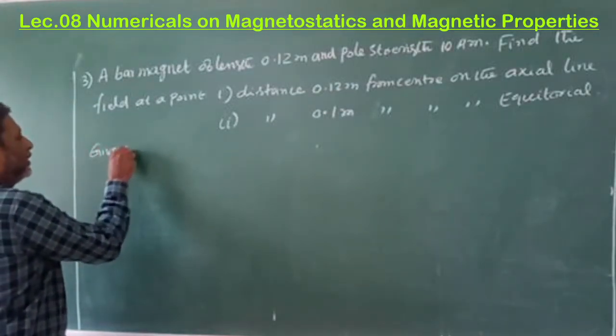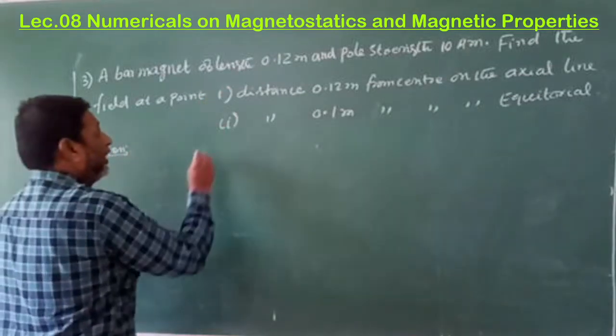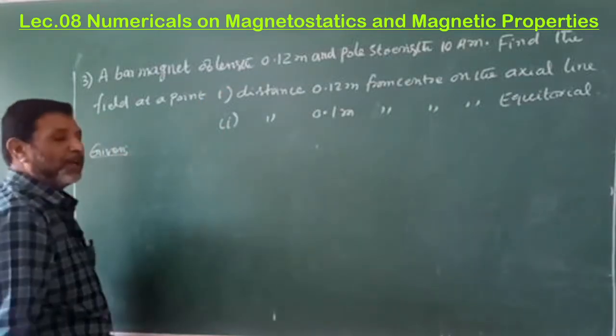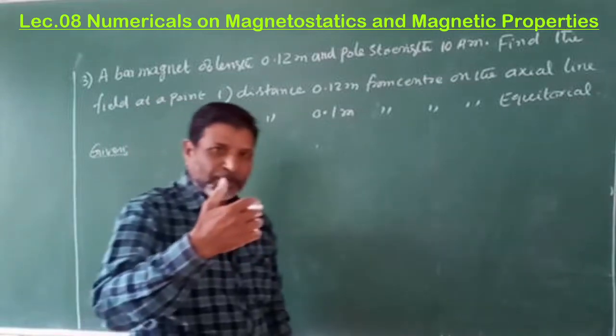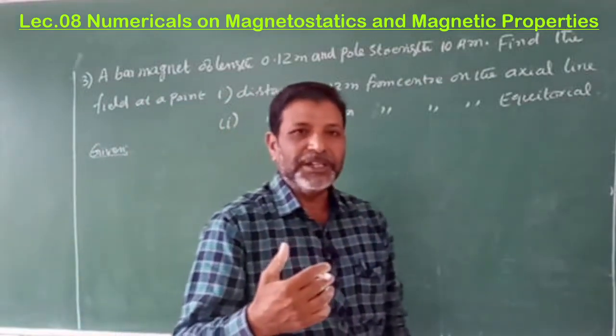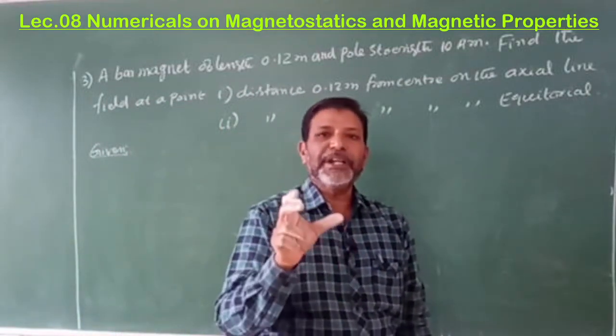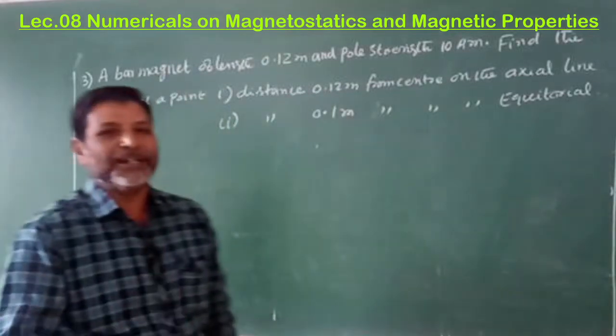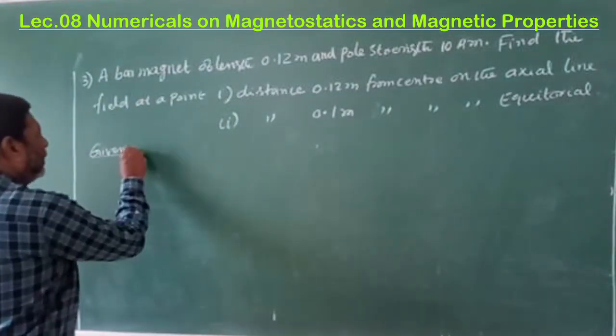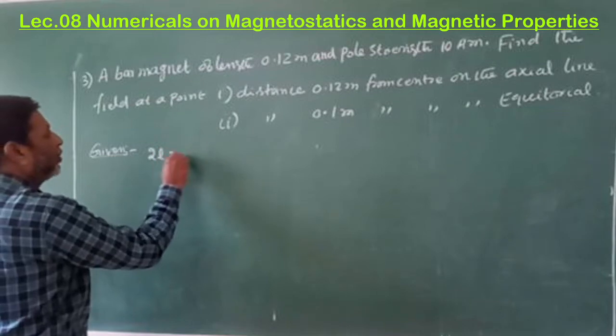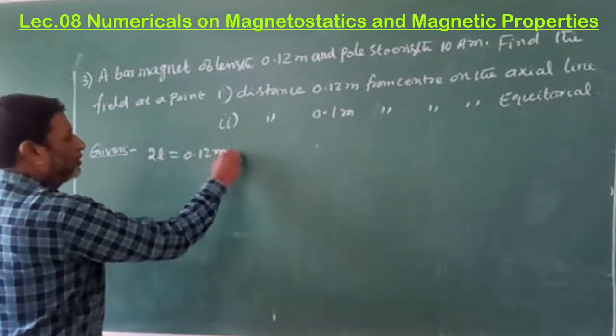Then here, what are the given values to you? Given is the magnetic length. In the mathematical formulas we have derived, for convenience, we have taken the magnetic length as 2L, isn't it? Therefore, here 2L is equal to 0.12 meters.